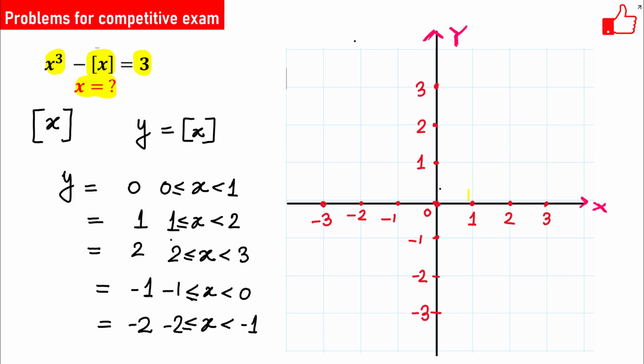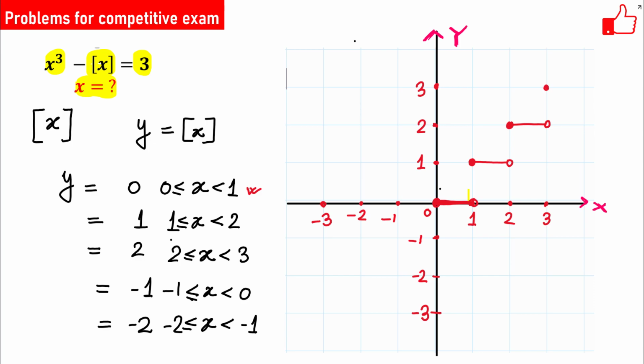Now let us see. When x lies between 0 and 1, then this is 0. And remember, 1 is not included. So in this graph, 0 is included, but 1 is not included. You will have a graph something like this. And between 1 and 2, this point will be included, and this will not be included. Then again between 2 and 3, this point will be included, but this point will not be included.